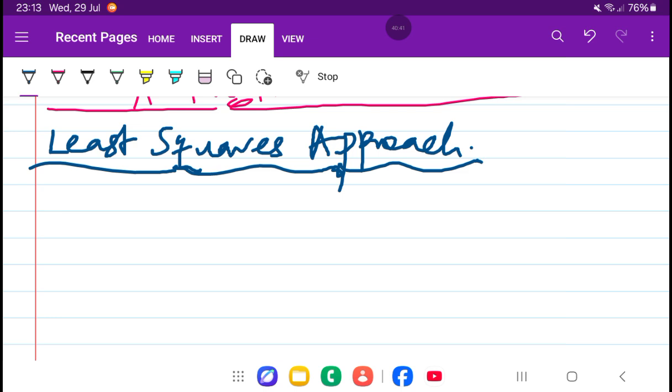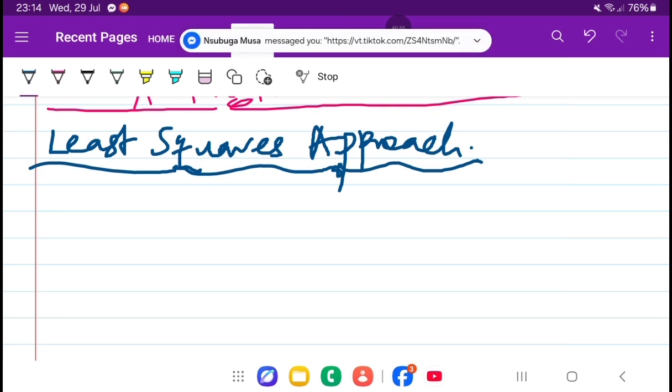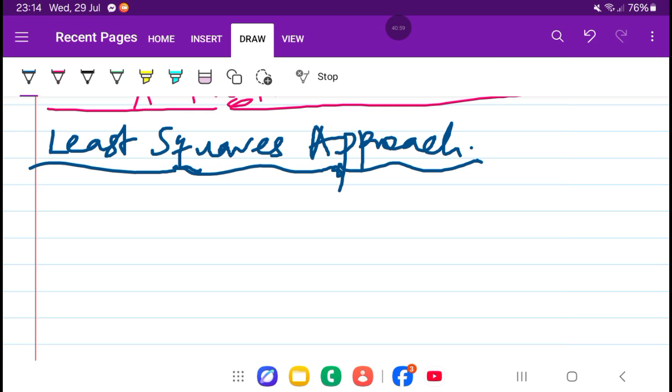And when you are using this method, we always look at these aspects, then we try to get, depending on what they are asking.